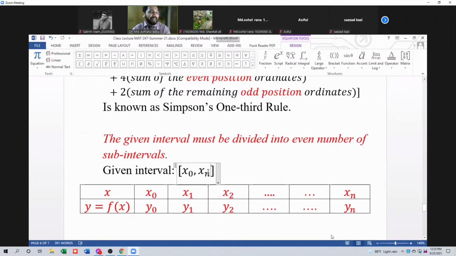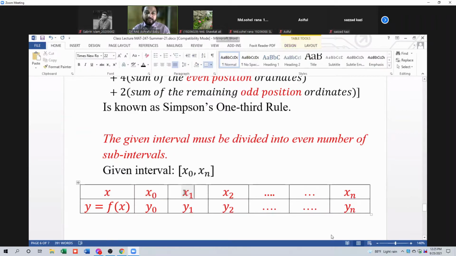If you want to make an interval, you need two numbers, x0 and x1. So x0 to x1 is one interval, then x1 to x2 is another interval, x2 to x3 is another interval. That is how you make an even number of intervals. You can make two intervals, four, six, eight, but you cannot make one interval, or three, or five.